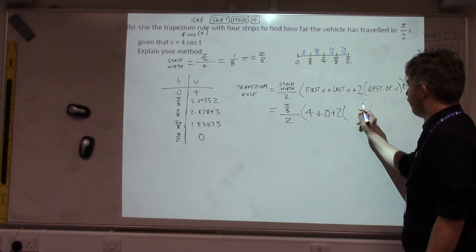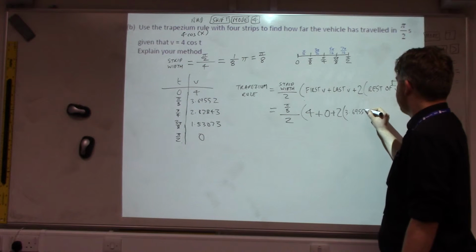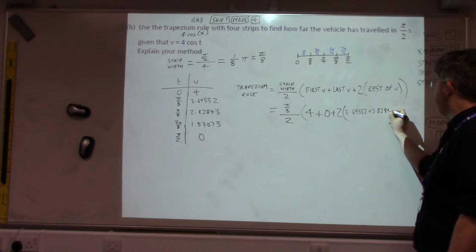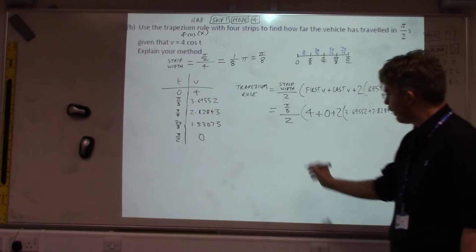So 3.69552 plus 2.82843 plus 1.53073, close bracket, close bracket.